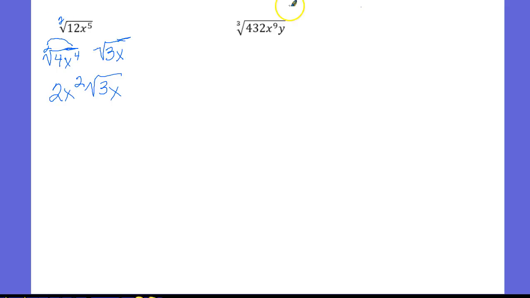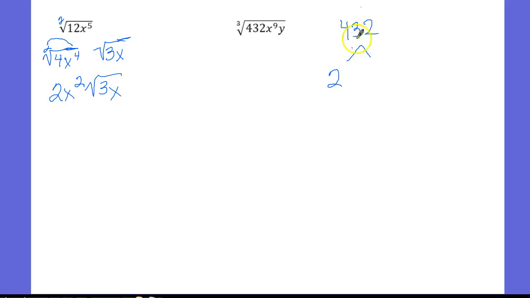So what I do is I'll take 432 and I'll start breaking it down in a factor tree. And if you birthday cake it up, whatever, that's the way you were taught to do that, that's fine. Let's start by cutting it in 2. 2 goes into 4.